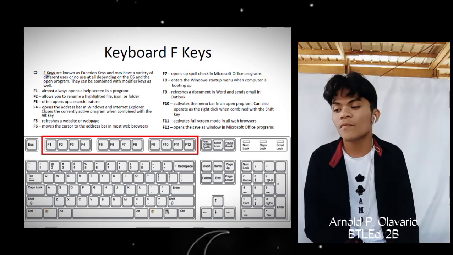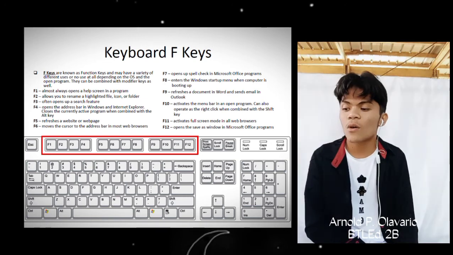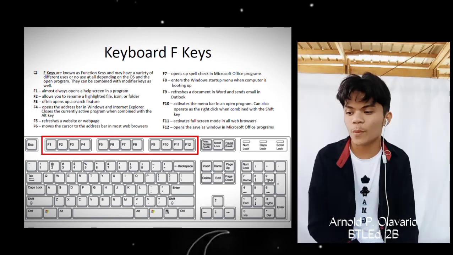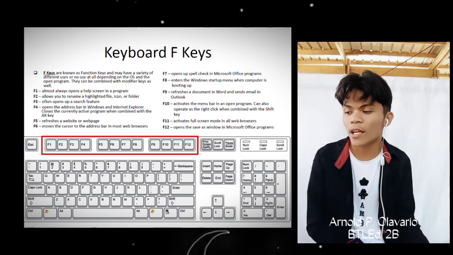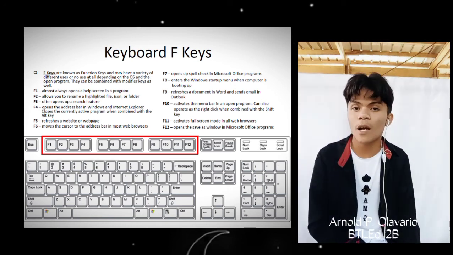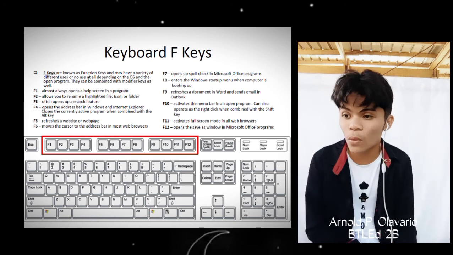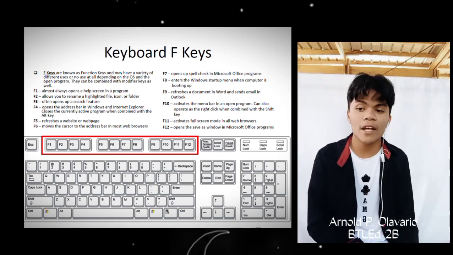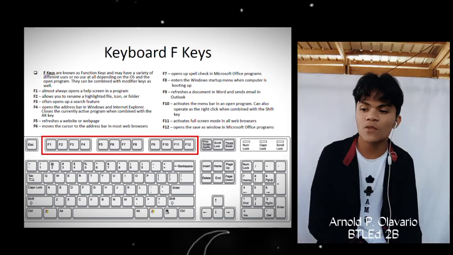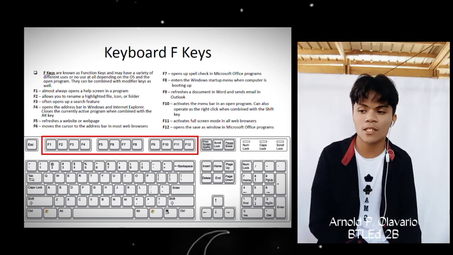Then in Excel, its function is to recalculate formulas. F10 activates the menu bar in the open program and can also operate as the right click when combined with the Shift key. F11 activates full screen mode in all web browsers.